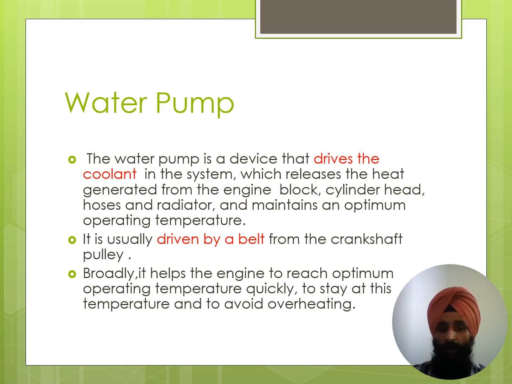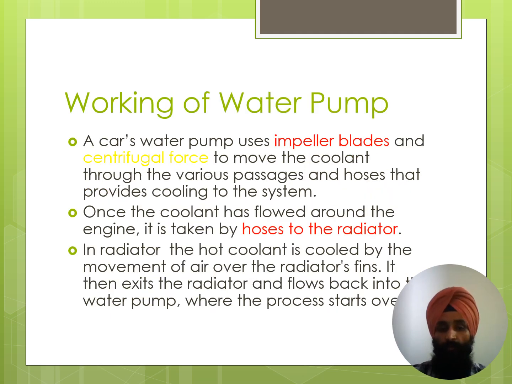So how does the water pump operate? It is operated with the help of a belt, with the help of the crankshaft pulley. Now, the working of the water pump. A car's water pump uses impeller plates and centrifugal force to move the coolant through various passages and hoses.